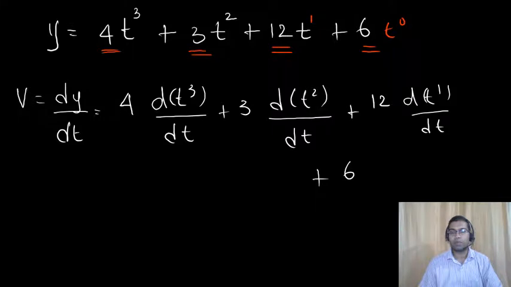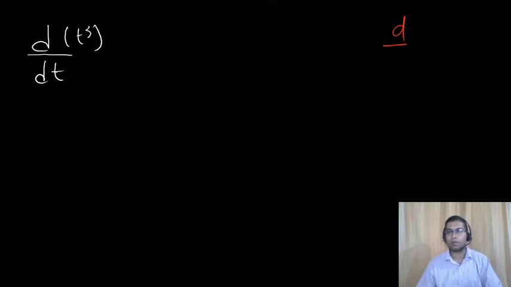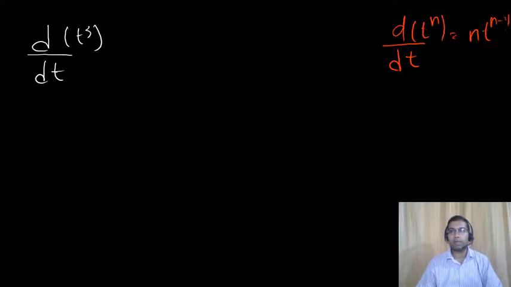Now t power 0, we'll just write it as d by dt of t to the power 0. Now from the formula when we apply, we can simply write it like this. If it is, let's say, d by dt of t cubed, what is our formula? d by dt of t power n is nothing but n times t power n minus 1.